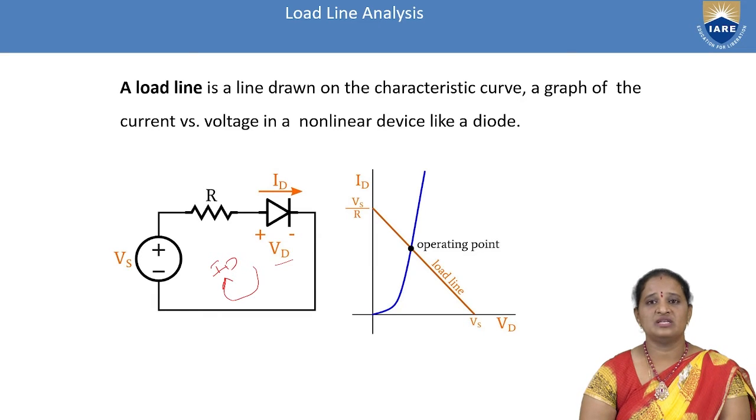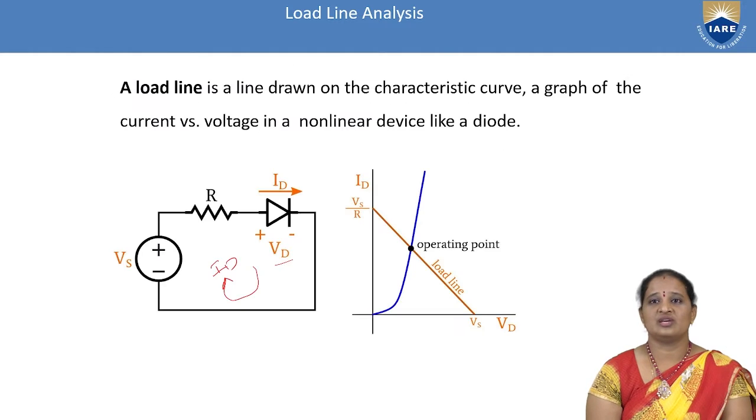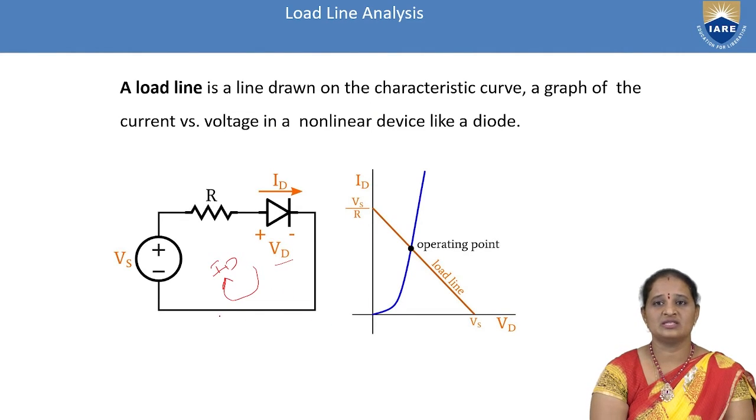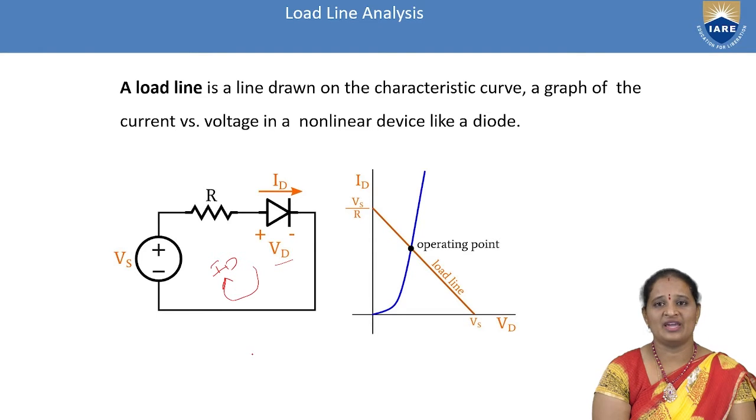For that, first apply KVL, that is Kirchhoff's voltage law, for this loop. This is forming a closed loop structure, and a closed loop can be explained mathematically by writing a Kirchhoff's voltage law equation.